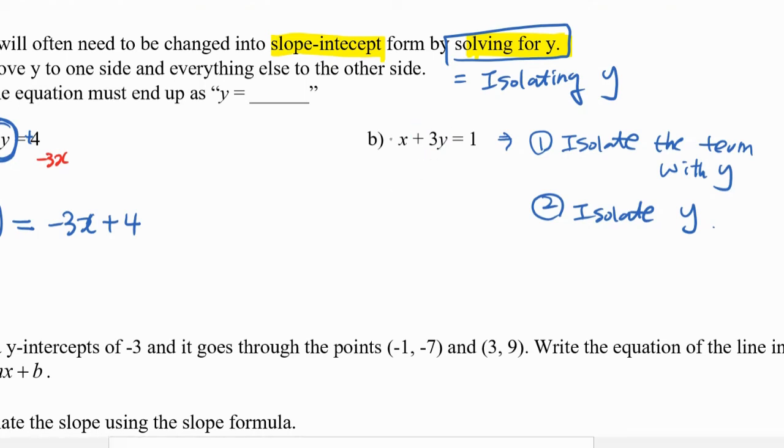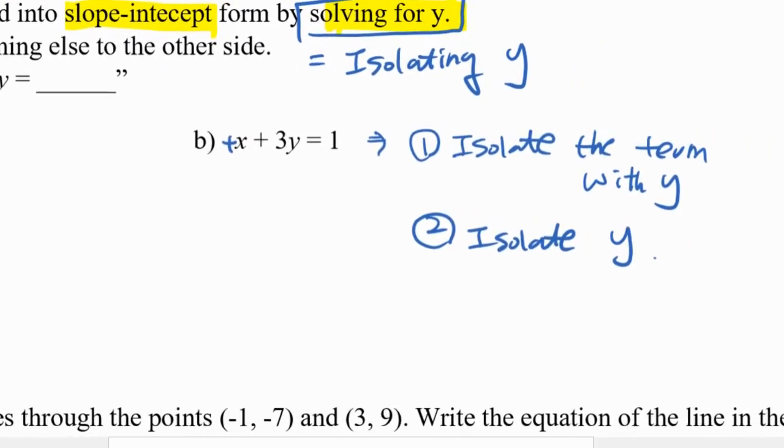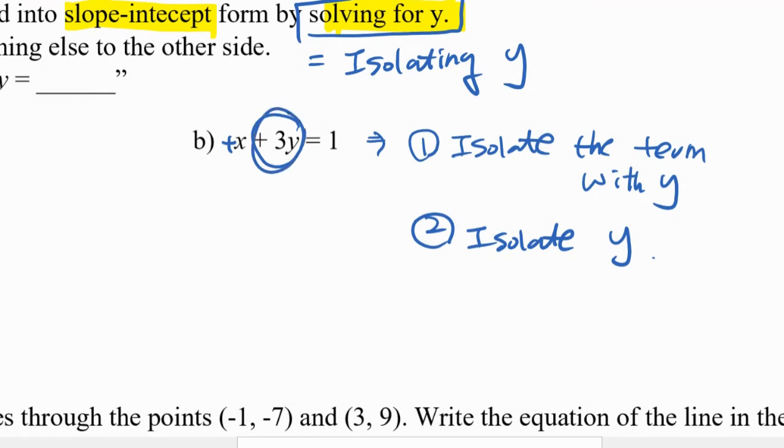Again, look at this. Positive is hiding in front of x. So we're going to isolate 3y, the term with y. We have to get rid of positive x. What's the opposite of plus x? That is minus x. Then it will cancel. Then I have 3y equals negative x plus 1.